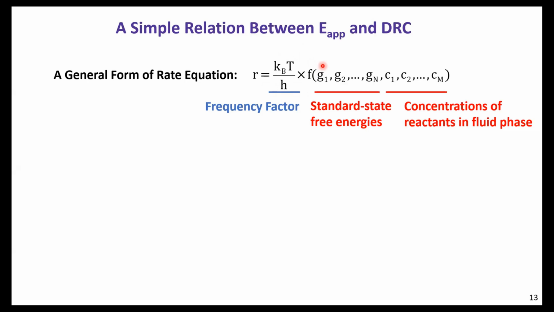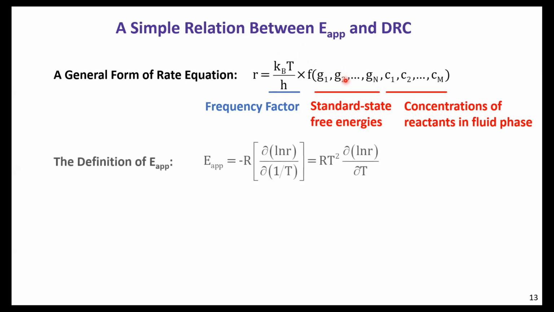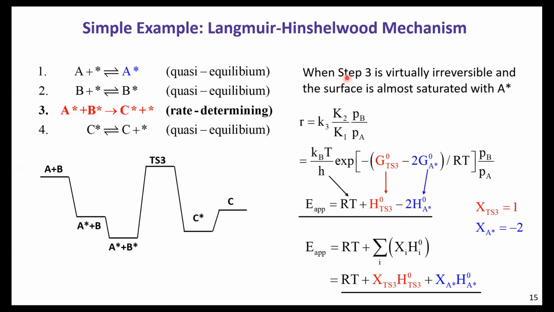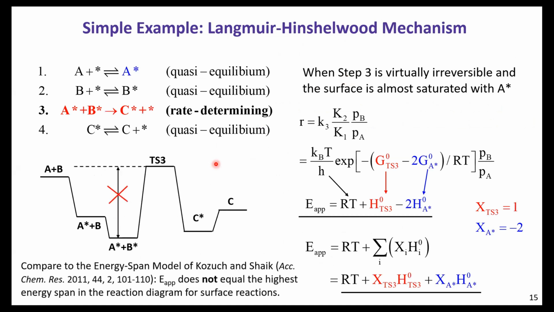All right, and another question asks, why does the energy span model not work for surface reactions? This is a very good question. The energy span model started from organic chemistry. The basic difference between organic chemistry catalysts and surface catalysts is that in organic chemistry, they usually have only one catalyst site. It can be a homogeneous catalyst or enzyme.